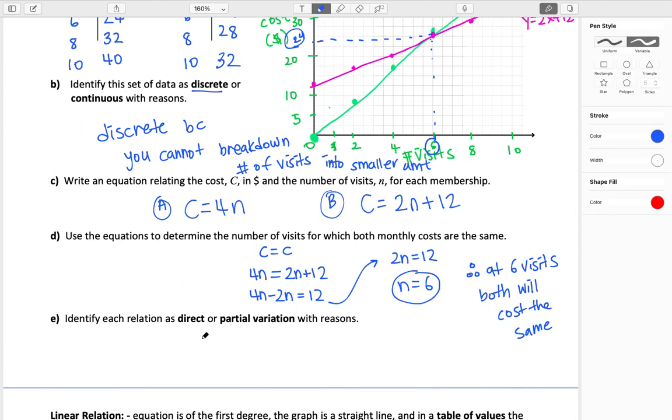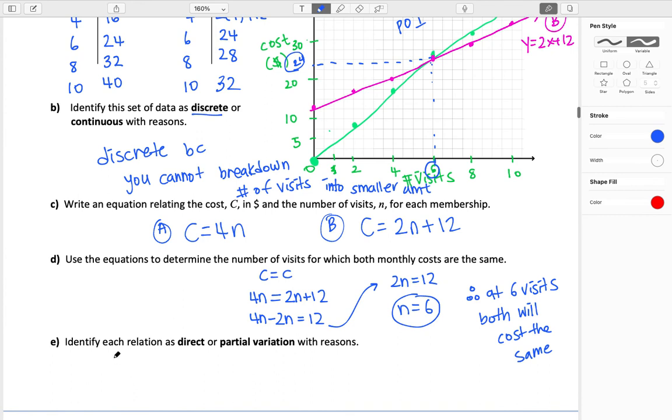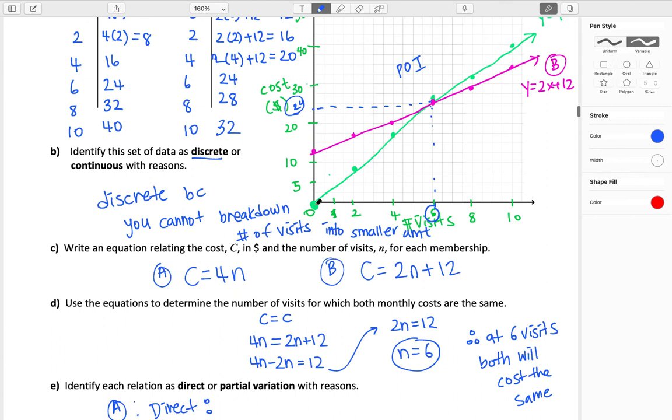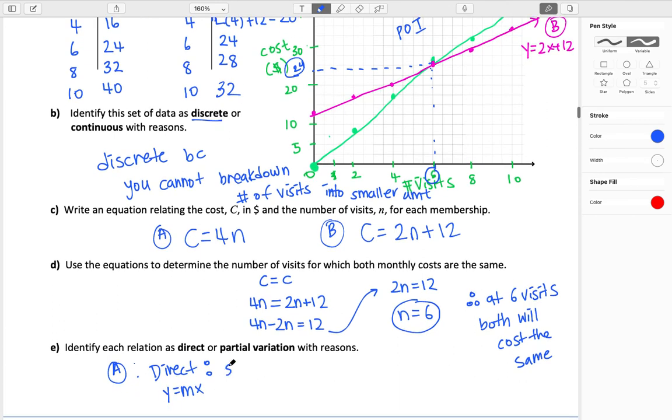So identify each relation as direct or partial. Well, we know that membership A is going to be direct because it follows y is equal to mx formula. But the most important explanation is that it's direct because it starts at 0, 0. Do you notice that? The graph starts at the origin.